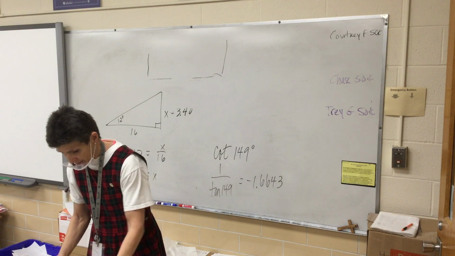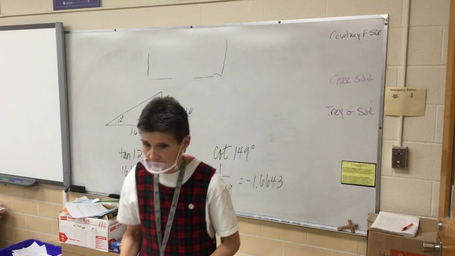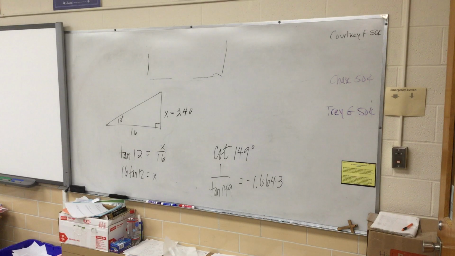Get your calculators out. Let me see who's got a calculator today. Merritt's got one. Everybody's got a calculator today. That would be so amazing. We'd be so happy. Oh my goodness, everybody present has a calculator.